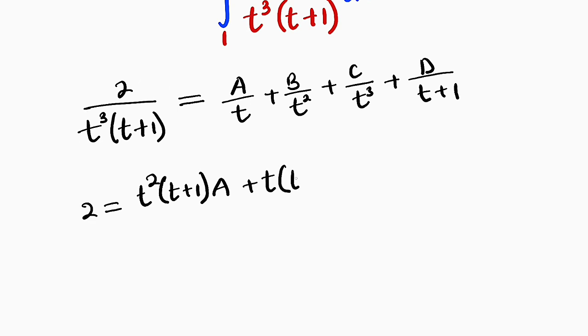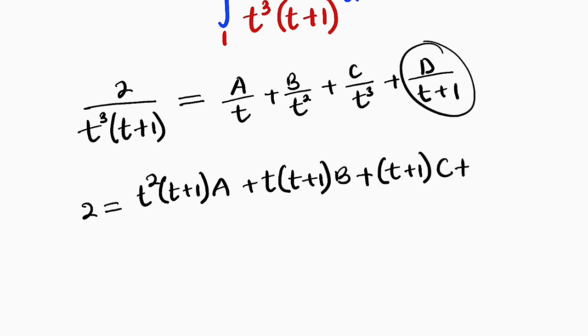Then multiply by t plus 1, then times b. Plus, moving here, t to the power of 3 will cancel the whole of this, leaving only t plus 1 multiplied by c. And lastly, the whole of this, if multiplied by this, t plus 1 will cancel, leaving t to the power of 3 times d. So we have d times t to the power of 3.